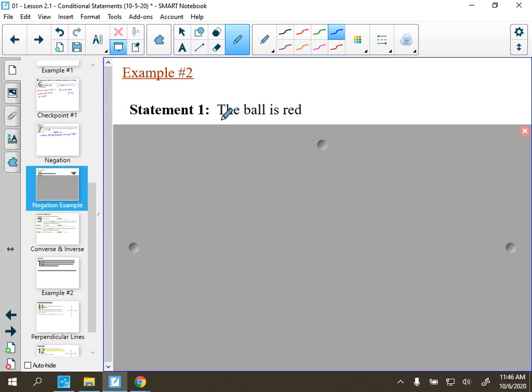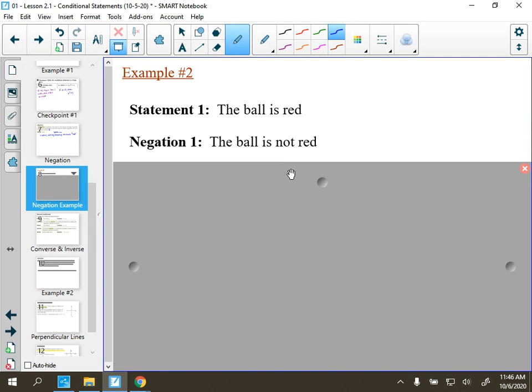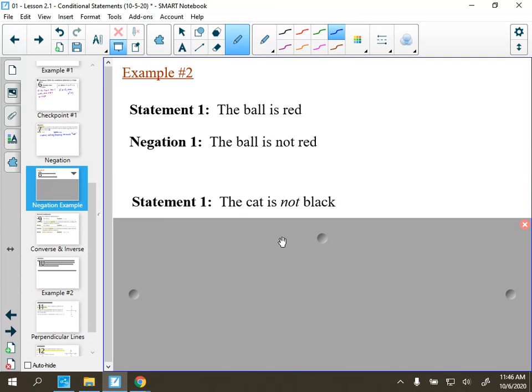All right, so we can just talk through these here. If the original statement is the ball is red, the negation of that statement would be the ball is not red. So don't get creative. Don't try to turn it into, oh, what's the opposite of red? Blue? Don't go down that road. It's really involving that word not. We did one similar to this, but let's say my original statement is the cat is not black.